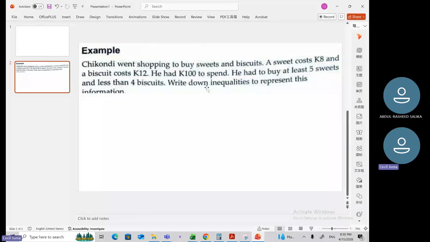A single sweet costs 8 kwacha and a biscuit costs 12 kwacha. She had 100 kwacha to spend. She had to buy at least 5 sweets and less than 4 biscuits. Write down the inequalities to represent this information.